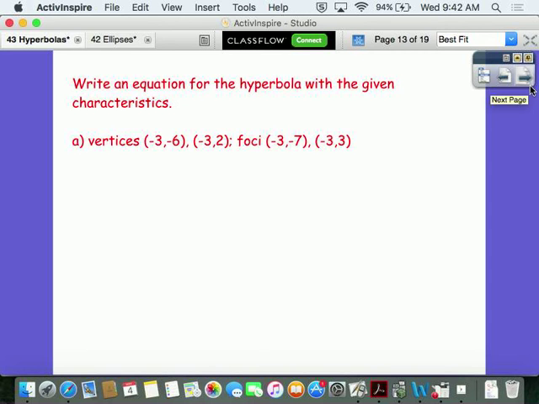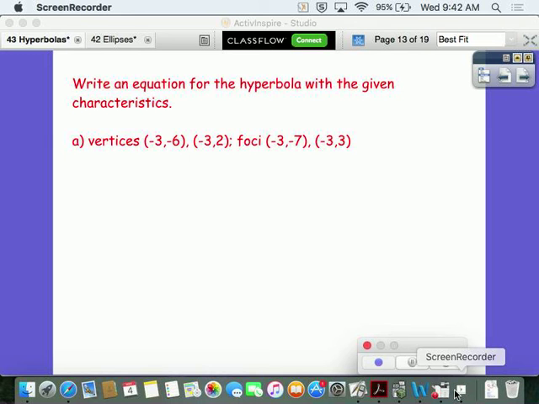So remember, when we write our general equation, we basically need to know what h and k are, and we need to know what a squared and b squared are. So then that way we can plug into the formula. So in this particular problem, we are given that the vertices are located at -3, -6, and -3, +2. Your vertices will tell you which way this opens, okay?